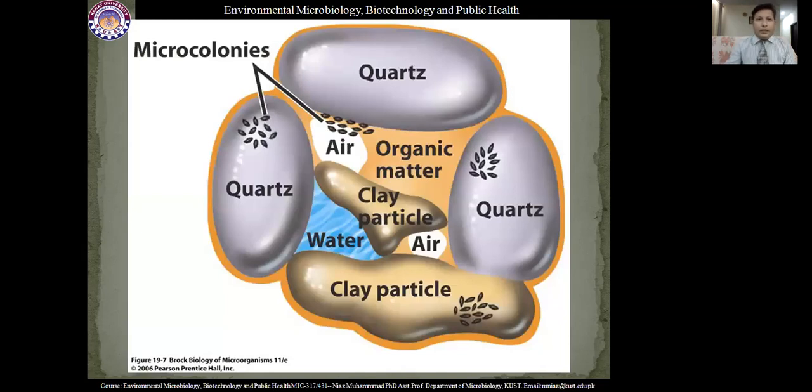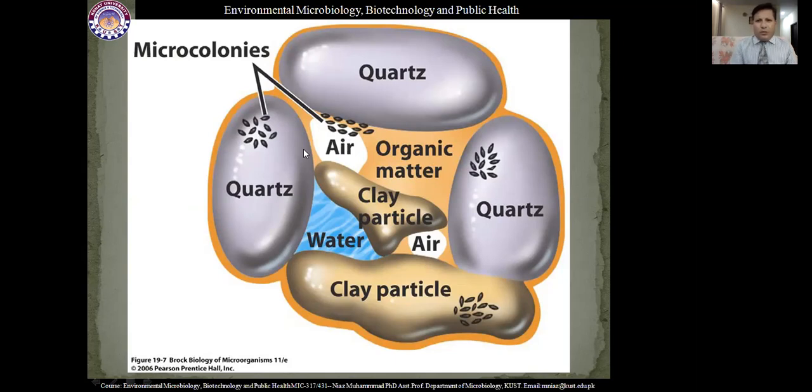Here we can see in this example, this is a particle of the soil, an electron microscopic image of a soil particle. If we see here, in soil particle, it contains organic material, it contains quartz, it contains clay particles, it contains water, it contains air, clay particles, quartz, and microorganisms.